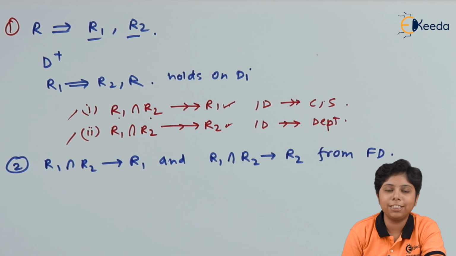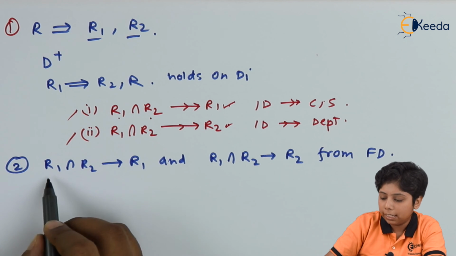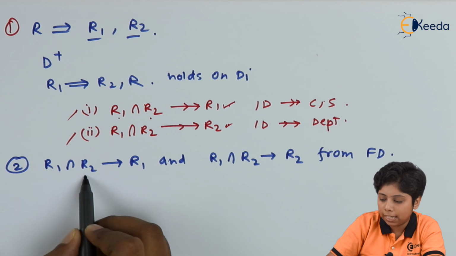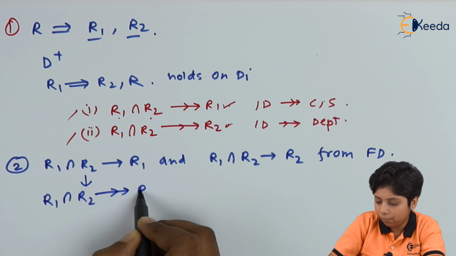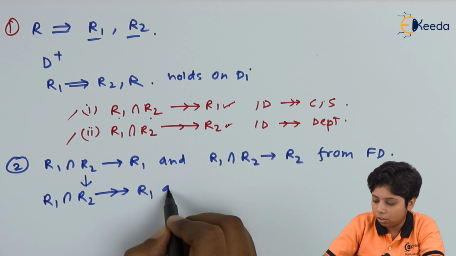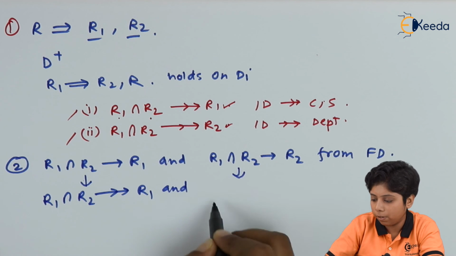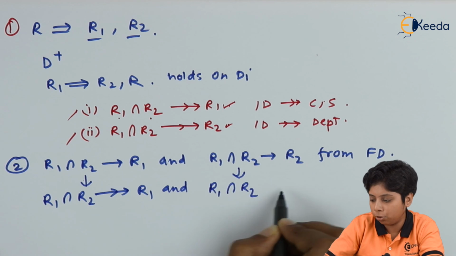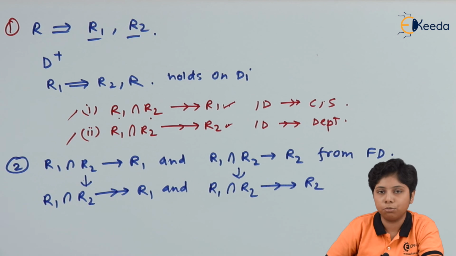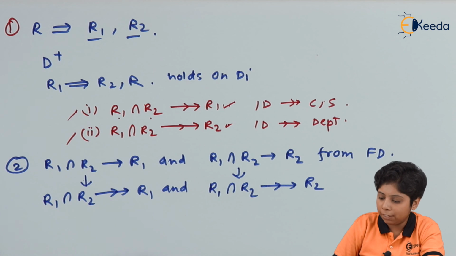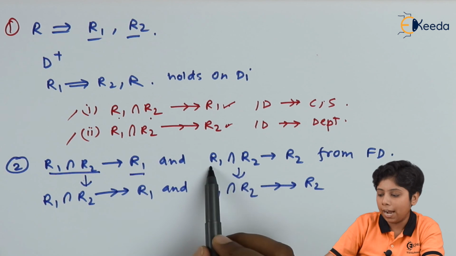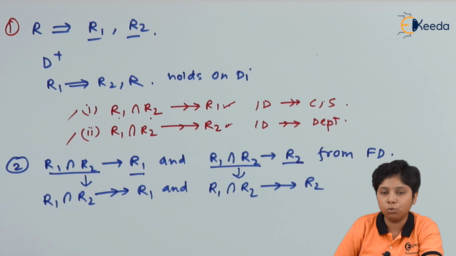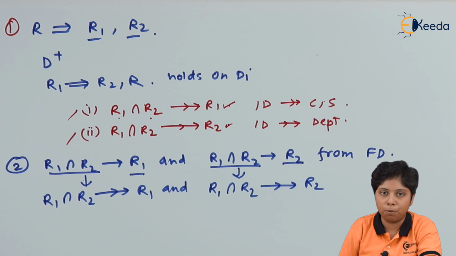We know that a functional dependency implies the multivalued dependency, so R1 intersection R2 implies R1, which means R1 intersection R2 multivalued determines R1, and also R1 intersection R2 multivalued determines R2. So now we know that even if there is a form that defines R1 intersection R2 in R1 and R1 intersection R2 in R2, it forms a lossless decomposition.